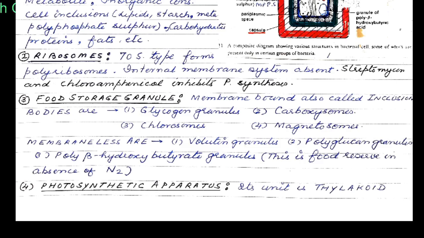Now the cytoplasm has some food storage granules which are membrane bound and also called inclusion bodies. In the beginning I told you that bacteria don't have any membrane-bound structure.